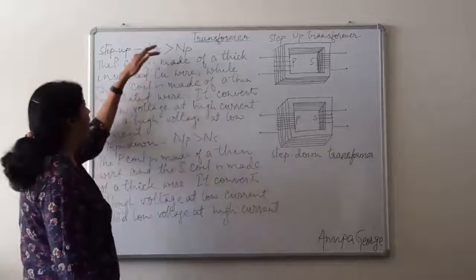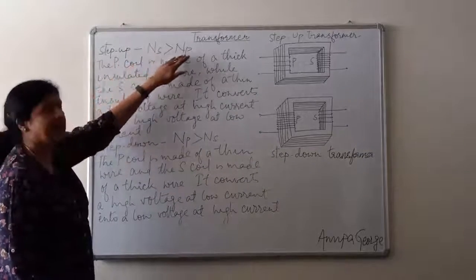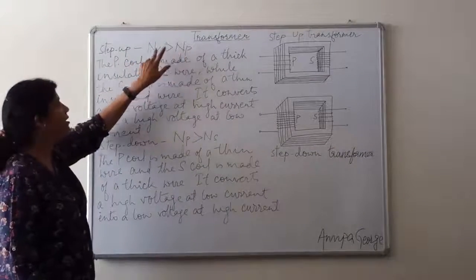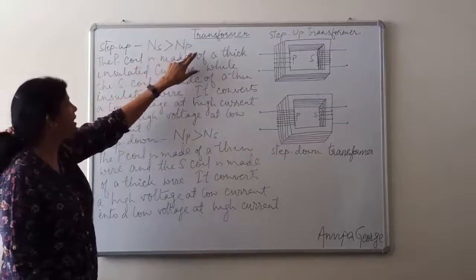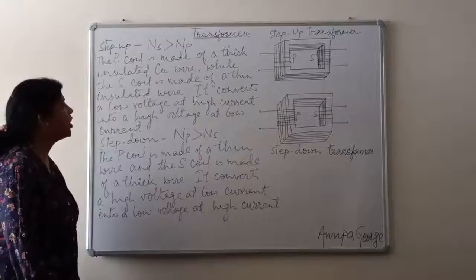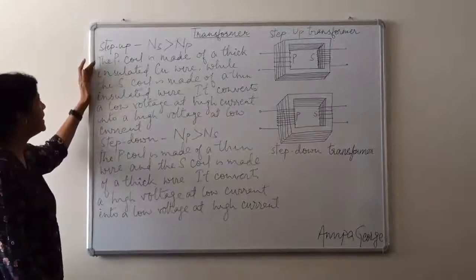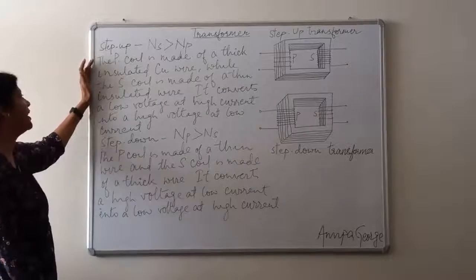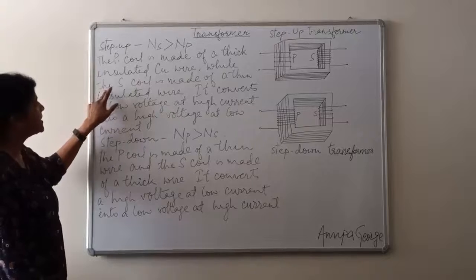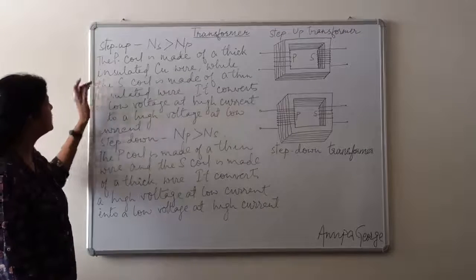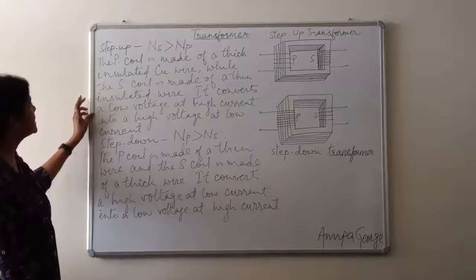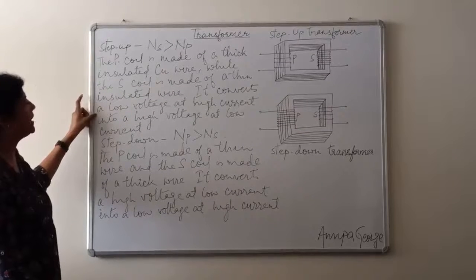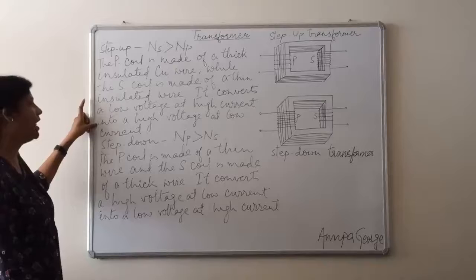Mathematically, we can write Ns more than Np, N for number of turns. The primary coil is made of a thick insulated copper wire, while the secondary coil is made of a thin insulated wire. It converts a low voltage at high current into a high voltage at low current.